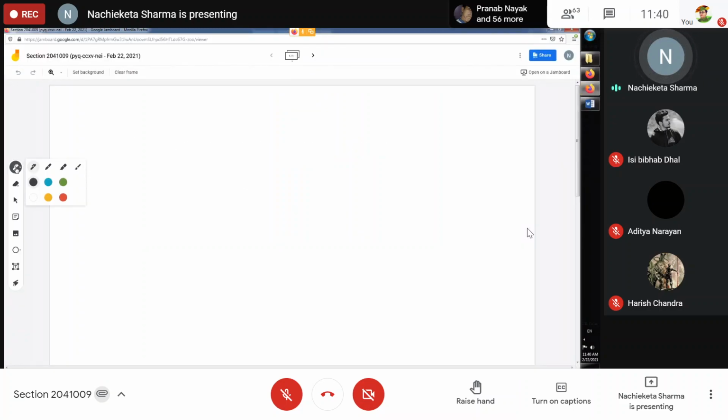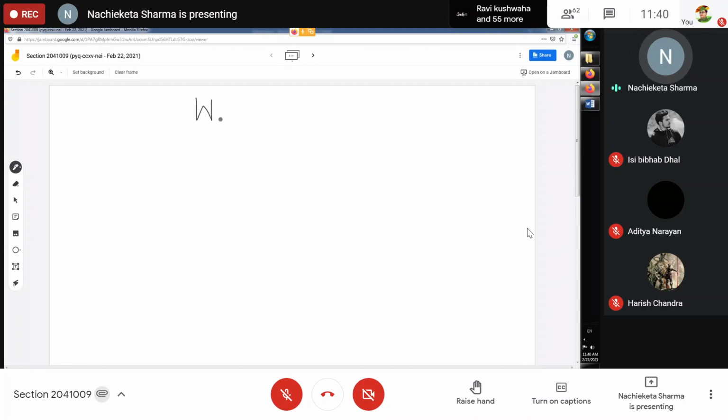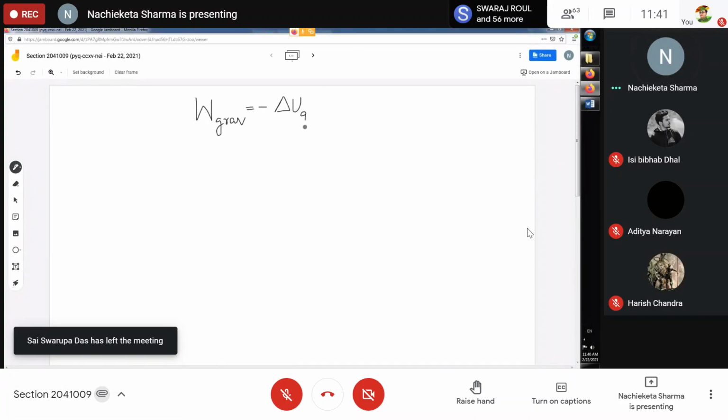You have seen, first let us go to the gravitational potential energy. I will take gravitational potential energy as an illustration. So what is the work done by a gravitational force? I can write it as W gravitational is equal to minus delta U grave.